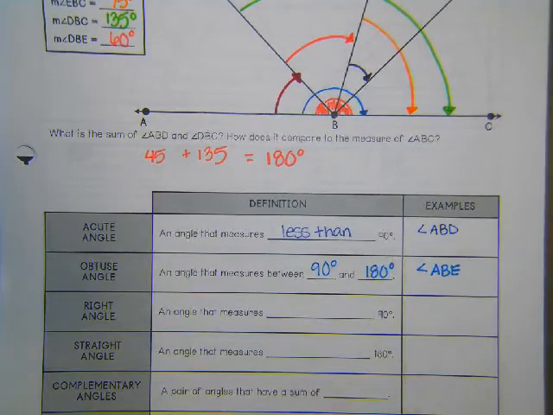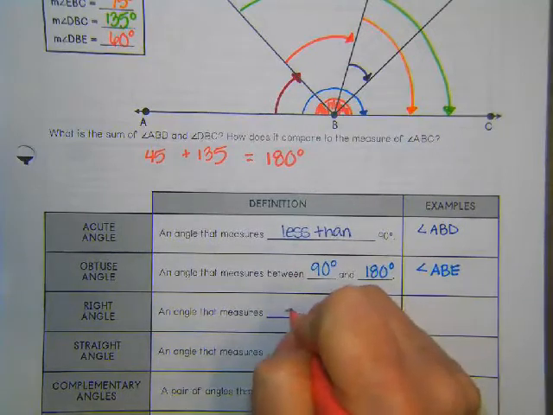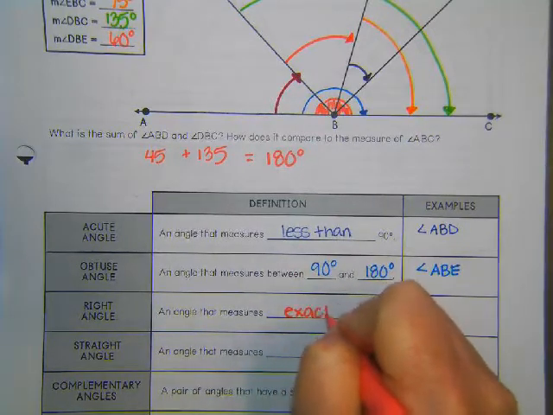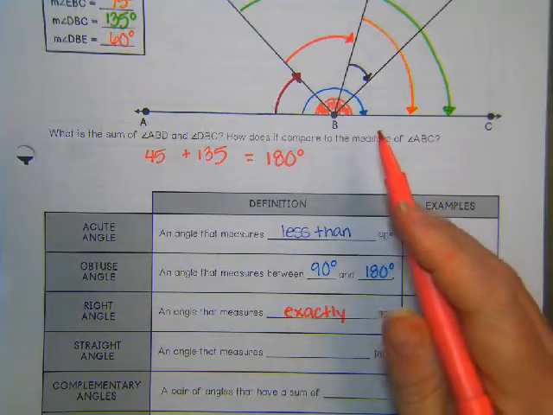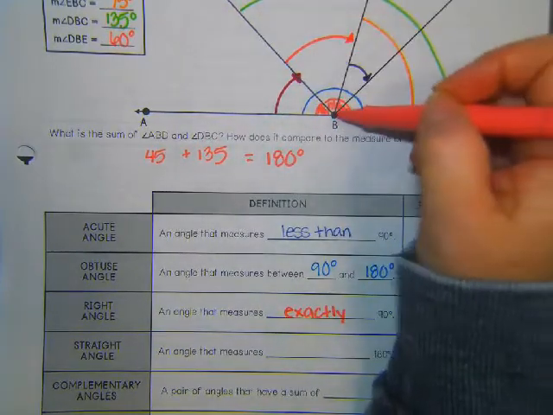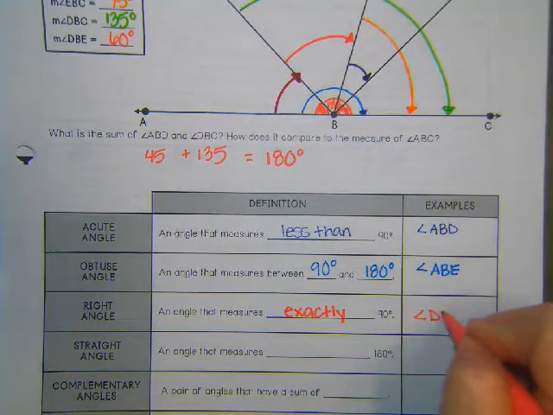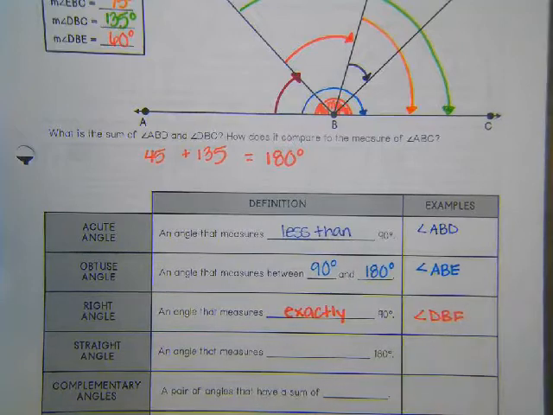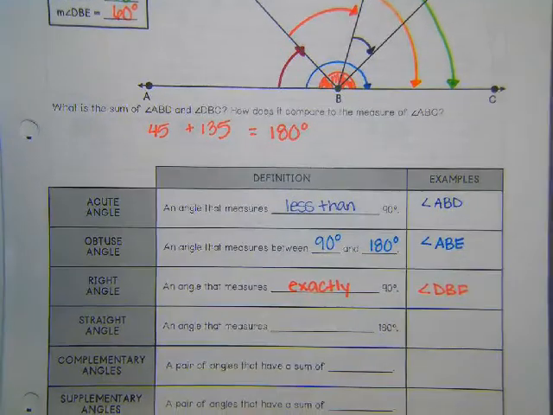Okay? A right angle is an angle that measures exactly 90 degrees. So looking up here, DBF, right here, angle DBF is the only one above that is exactly 90 degrees.